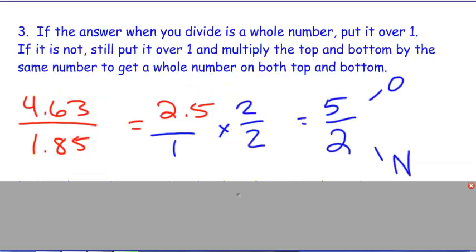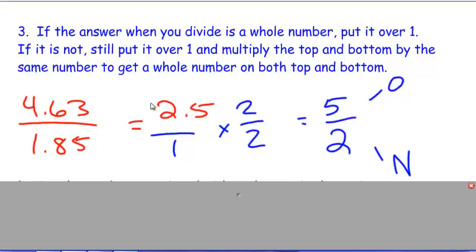This leads me to the next step. If the answer was a whole number, I'd put it over 1. 2.5 is not a whole number, but I'm still going to put it over 1 and multiply the top and the bottom by the same number to get a whole number on top and bottom.